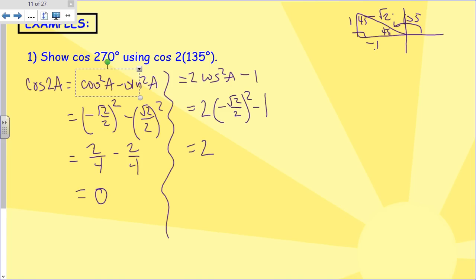So it's 2 times negative radical 2 over 2 squared is going to be 2/4 minus 1. And I will get 4/4 minus 1, which is just 1 minus 1, which is 0.